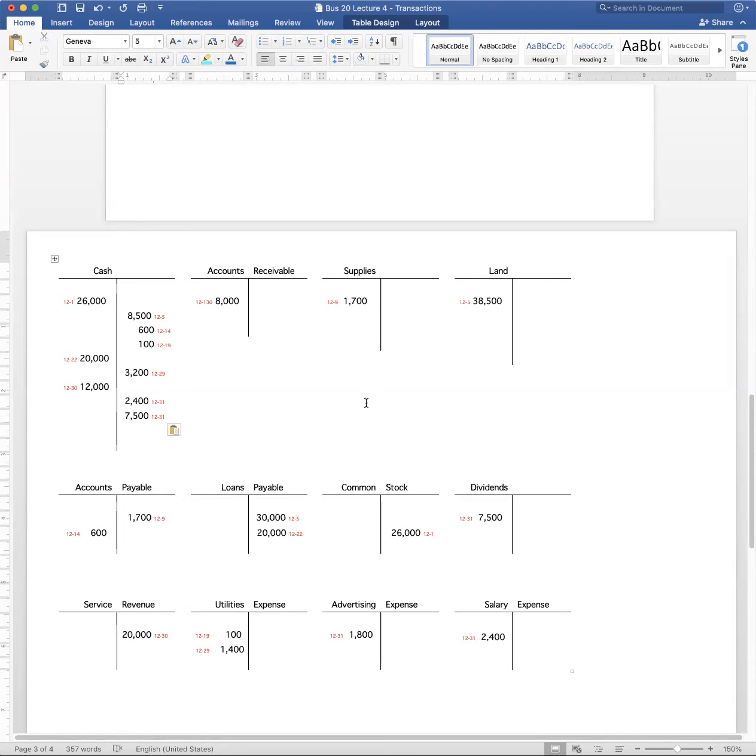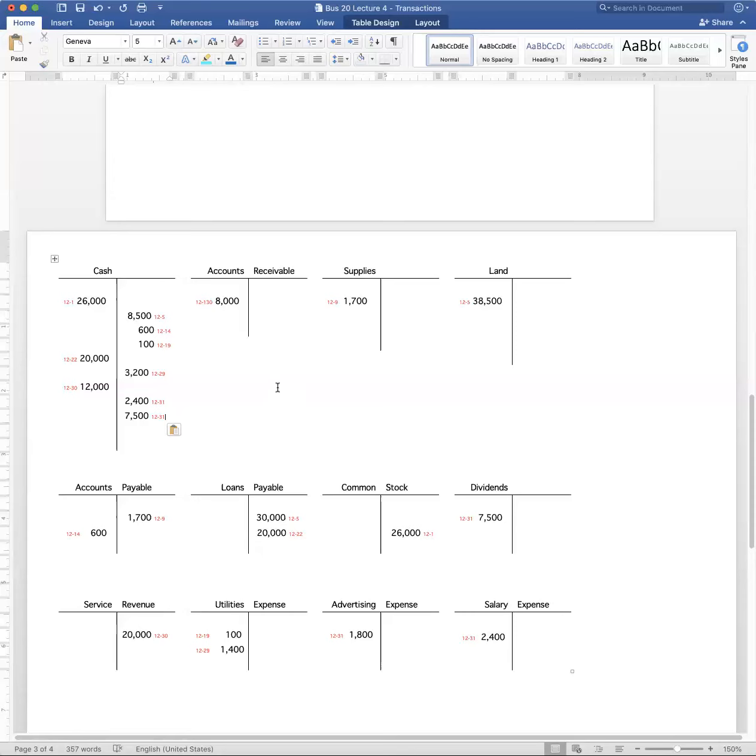So we can go look at an individual account, like cash, and say, hey, here's all the activity in cash. However, just by itself, this big list of numbers is not useful. What is useful is if we add them up. So the next step is to add the T accounts, to total them, to get the final amounts.